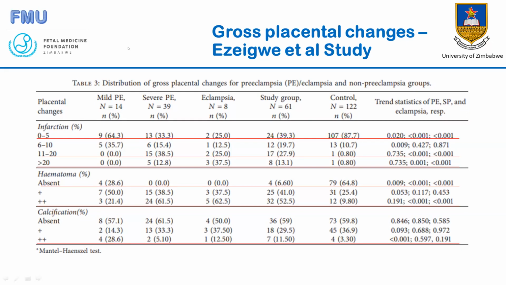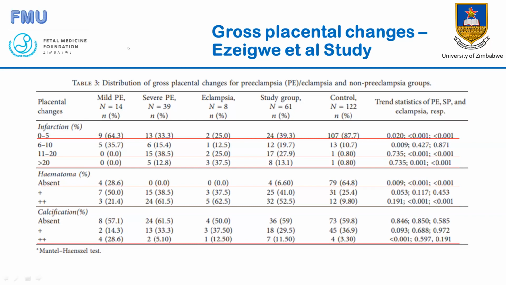Then finally, if you look at the calcifications, if they were absent or if they were just 1 plus, there was no statistical significance. But if there were 2 pluses, they were statistically significant for the mild preeclampsia with a p-value of 0.001.